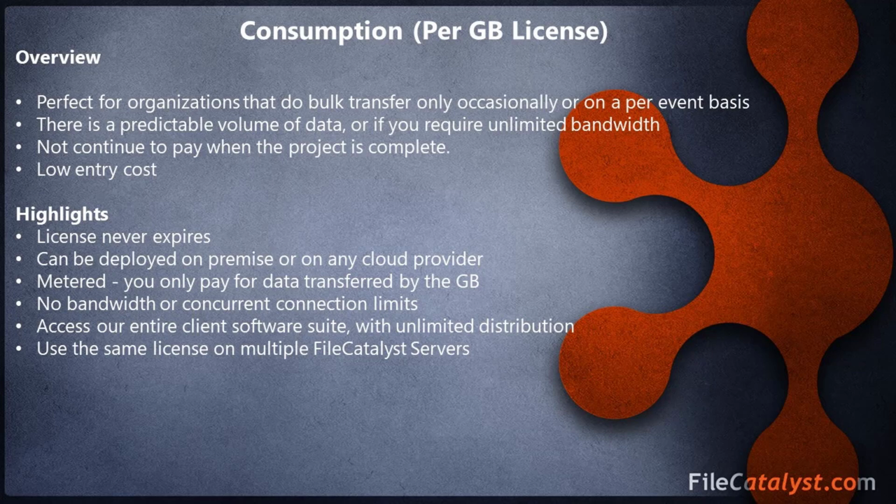Once you get to the terabyte, I think you're down to 2 or 3 cents a gig. This is connected to your credit card, and you pay as the transfer goes. This is perfect for a temporary project or when you know how much data you're going to be transferring, and there's no cost of entry.